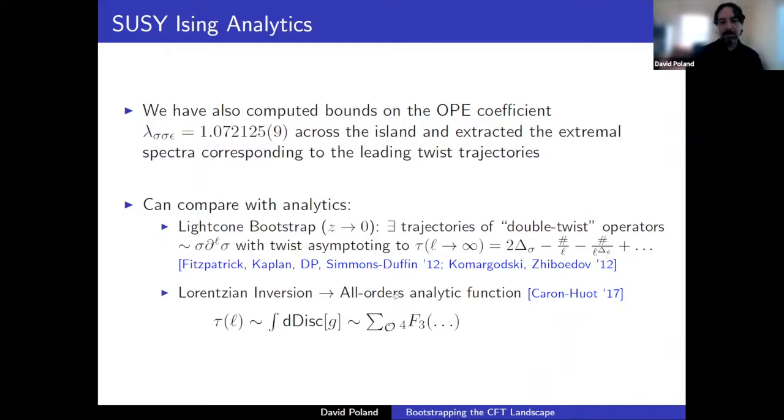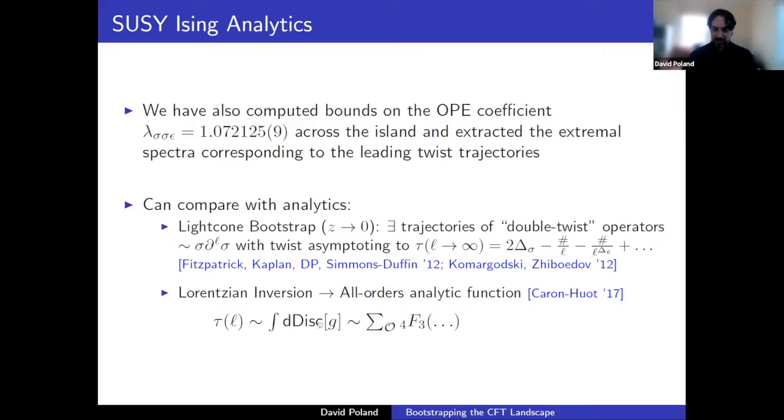And then a few years ago, there was an upgraded version of this called the Lorentzian inversion formula, which gives you a method to compute some all orders resummation of this expansion into an analytic function, which can be computed by integrating a certain double discontinuity of the 4-point function.